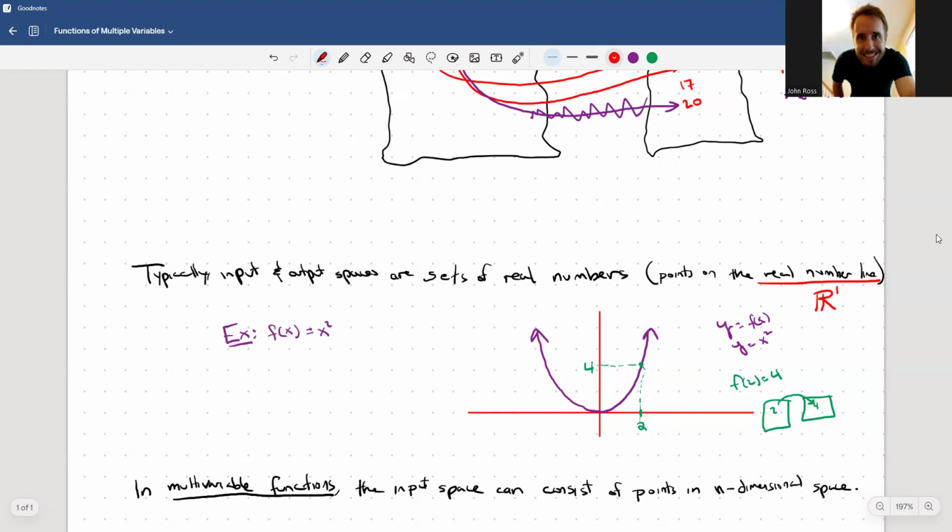So if my input and output spaces are both corresponding to real number lines, as we saw here with our x-axis and our y-axis, I can formally say that f is a function that takes input values in R1, that's just our single x value, and gives us output values that are also in R1, and those are just our single y numbers.